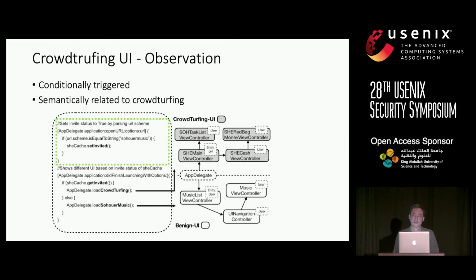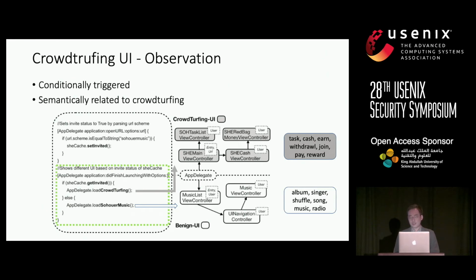As you can see in the first green box, when the app receives a scheme, after parsing it, it'll decide what value it should set to a certain variable. And when the app is opened, depending on what value is set to the variable, it'll trigger either the crowdturfing UI or the benign UI.